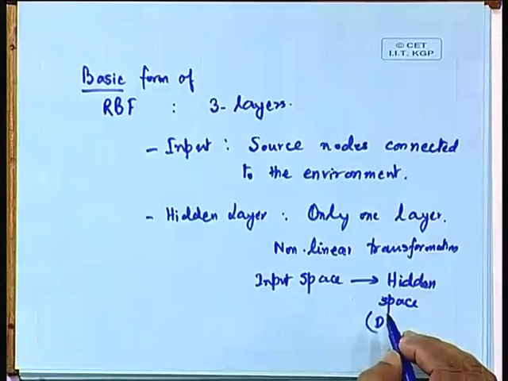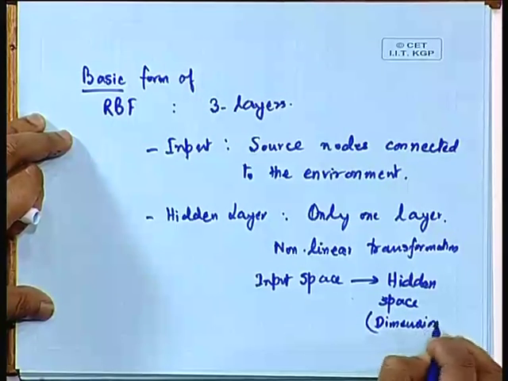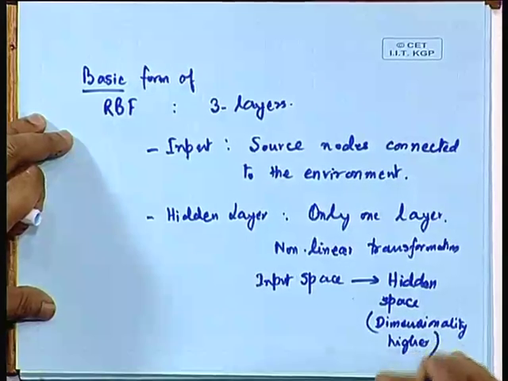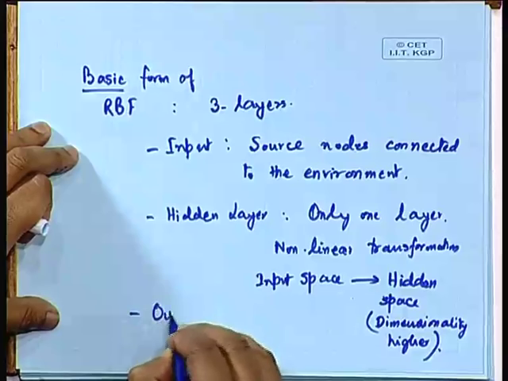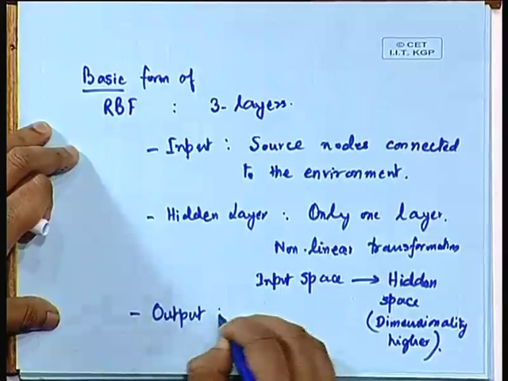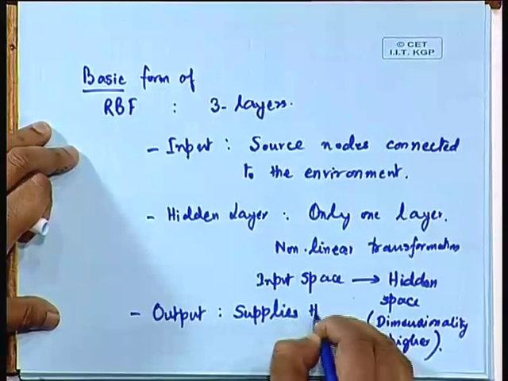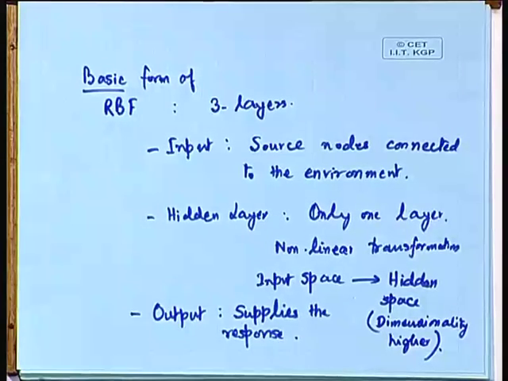That is based on the theory that Cover proposed, which we are going to discuss shortly. So, the dimensionality of the hidden space is higher, and then we have the output layer that supplies the response. So, this is the 3-layered structure.